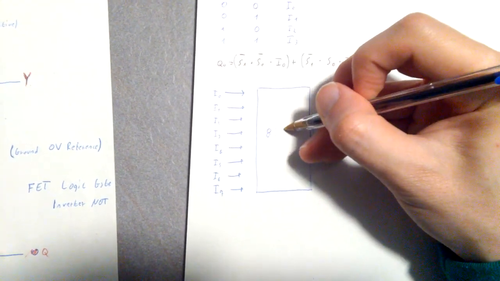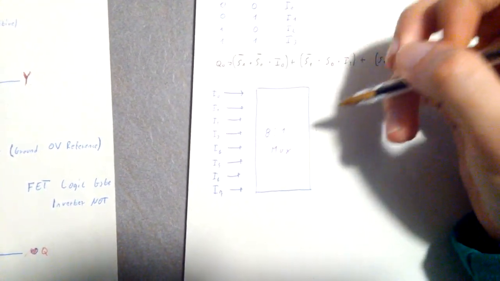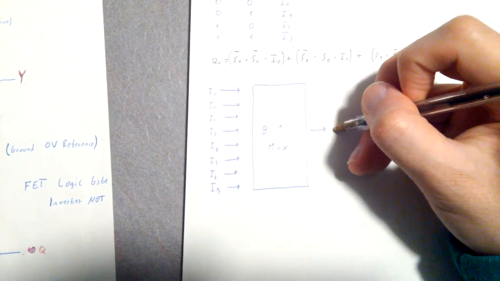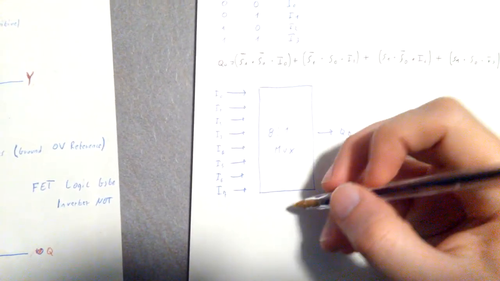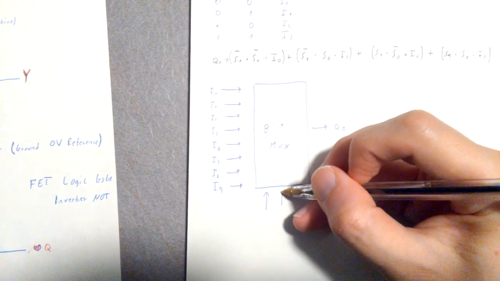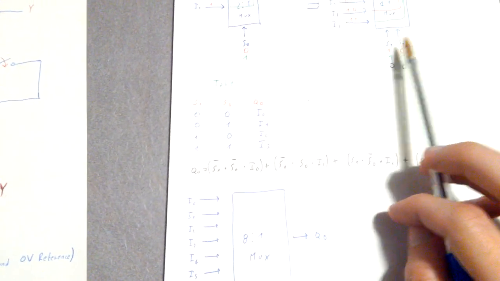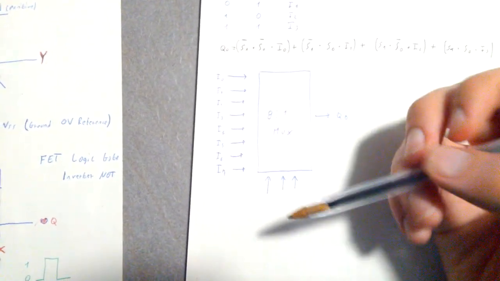So this is an 8-to-1 mux, which basically outputs Q0. But in this case, I'm going to have not just 1 select line, not just 2, but 3.